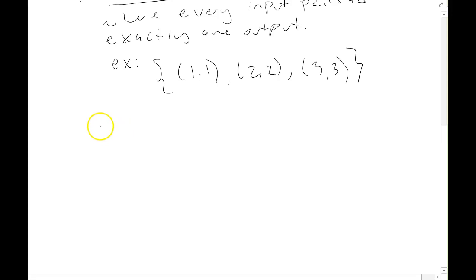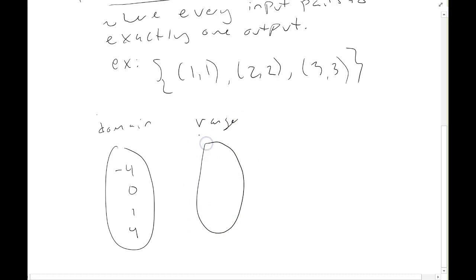Let's say I have the inputs, or the domain, -4, 0, 1, 4, and the range, -2, -3, 2, 1, and my function f pairs -4 with -2, 0 to -3, 1 to 2, and 4 to 1.